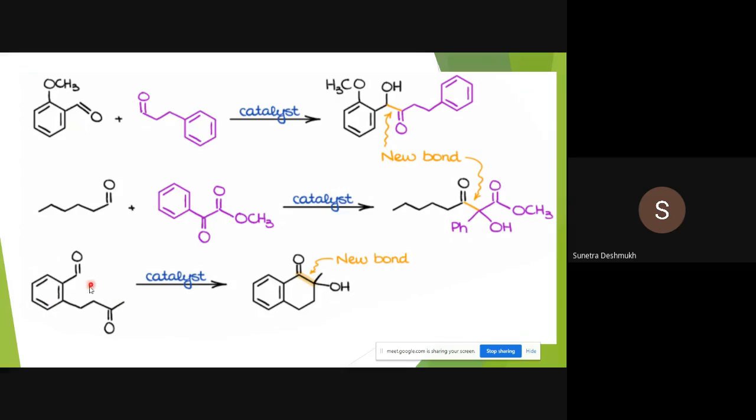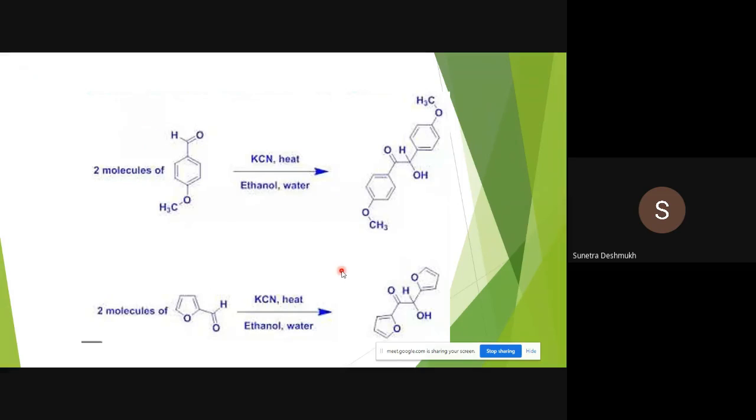Again, the same, 1 mole of aldehyde and 1 mole of ketone. By utilizing this one, we can generate this type of new bond. The same thing comes under this reaction. So two moles of this molecule, para-methoxybenzaldehyde, heated in water, we can generate this type of benzoin.